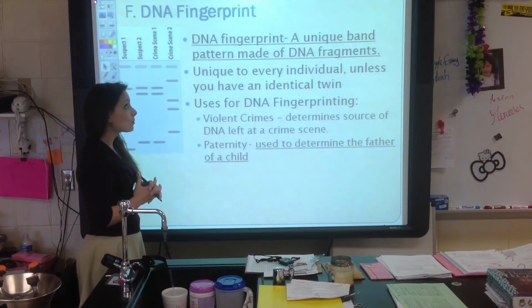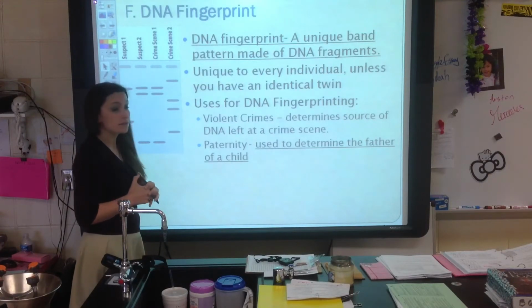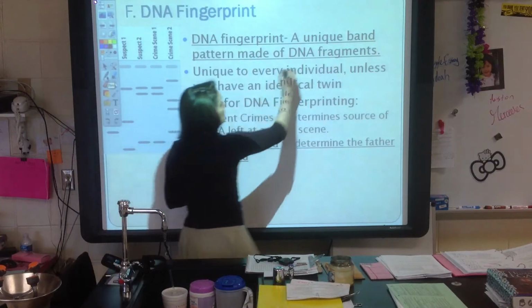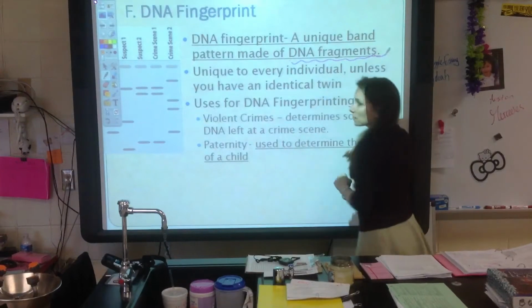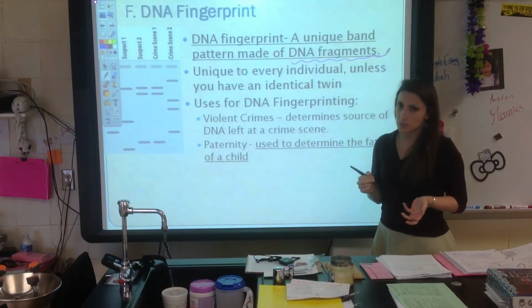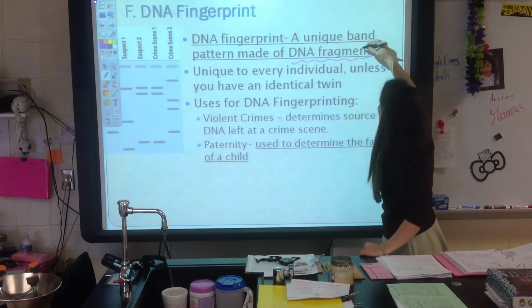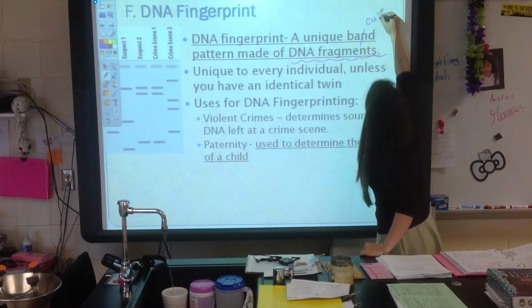It's a unique band pattern made of DNA fragments. Now this is what is interesting, is this part about fragments. Why would our DNA be in fragments? Well, we do have to specifically cut the DNA into pieces.